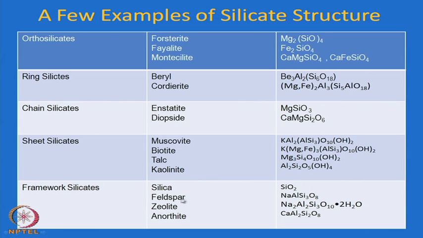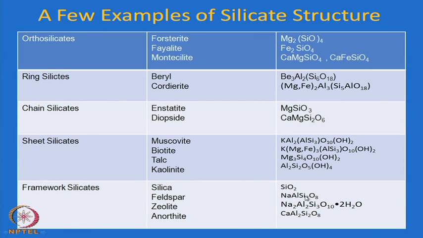However, very similar things also can happen with other compounds like feldspar: sodium, aluminum, silicon, oxygen. How do the other cations come in? Because a part of the silicon has been replaced by aluminum.